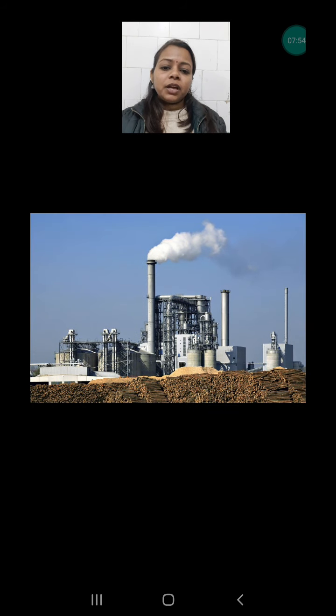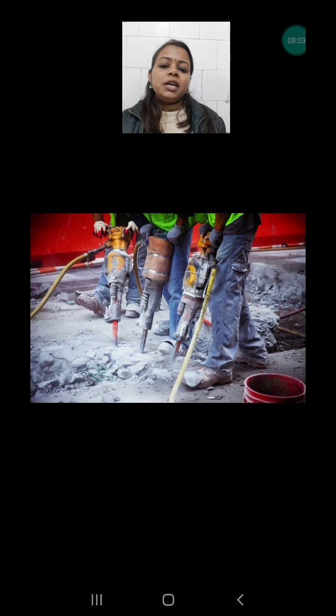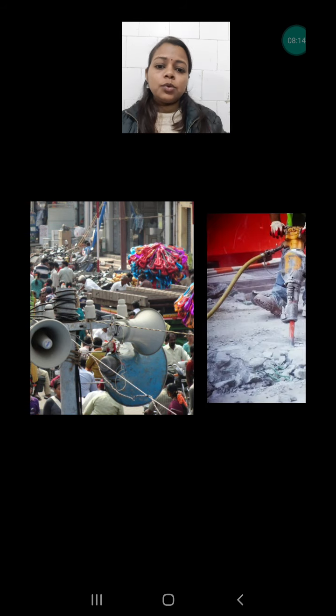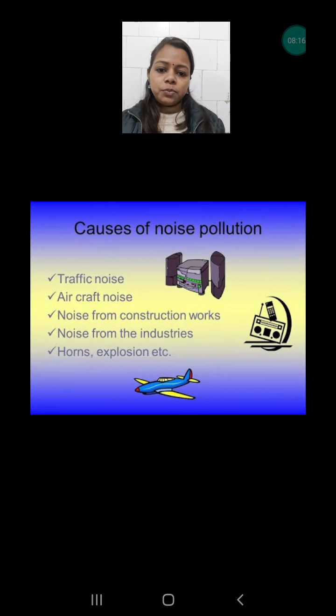Next, if any factory is manufacturing anything, during that process a loud sound is created. Okay, if any construction work is going on with the drilling machine and so much equipment which is used there, it is also creating noise. And the loudspeaker is also a source of noise pollution.